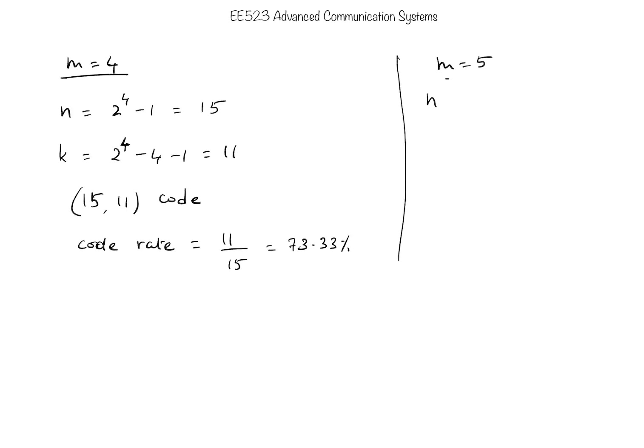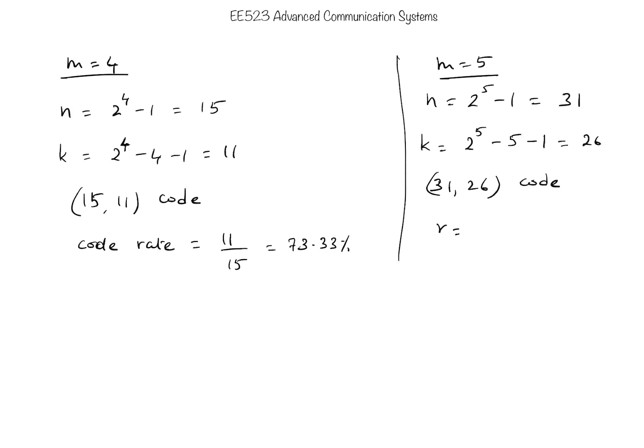you'll get n is equal to 2 power 5 minus 1, which is 32 minus 1, which is 31, and k is 2 power 5 minus 5 minus 1, so that's 31 minus 5, which is 26. So the (n,k) code here is a (31,26) code.